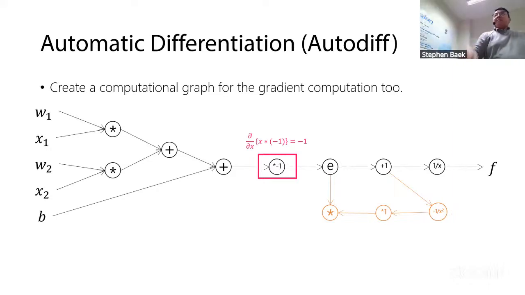Now we go back one step again, and we have the negation node, which is the same as multiplying by negative 1. The derivative of this is -1, so we create a -1 node over here and connect it to the output of the exponential multiplication.